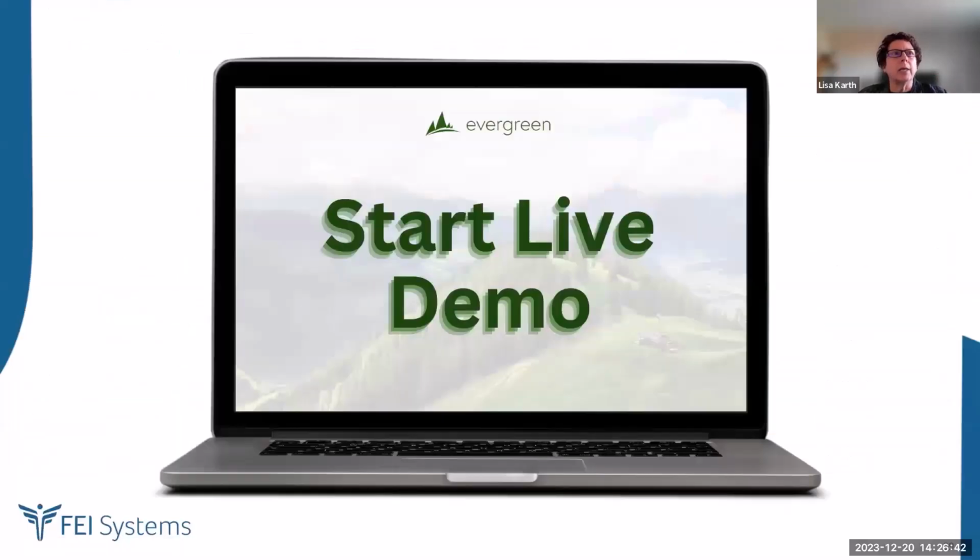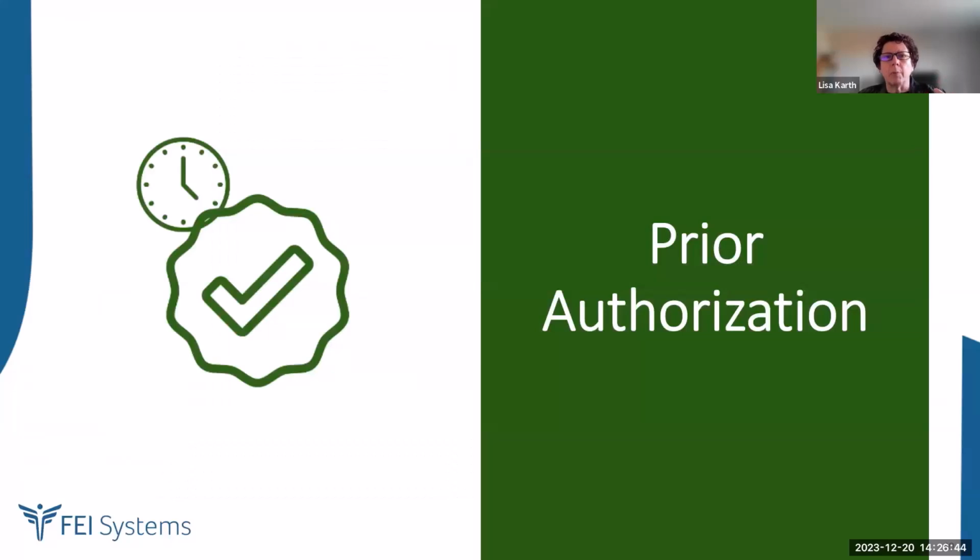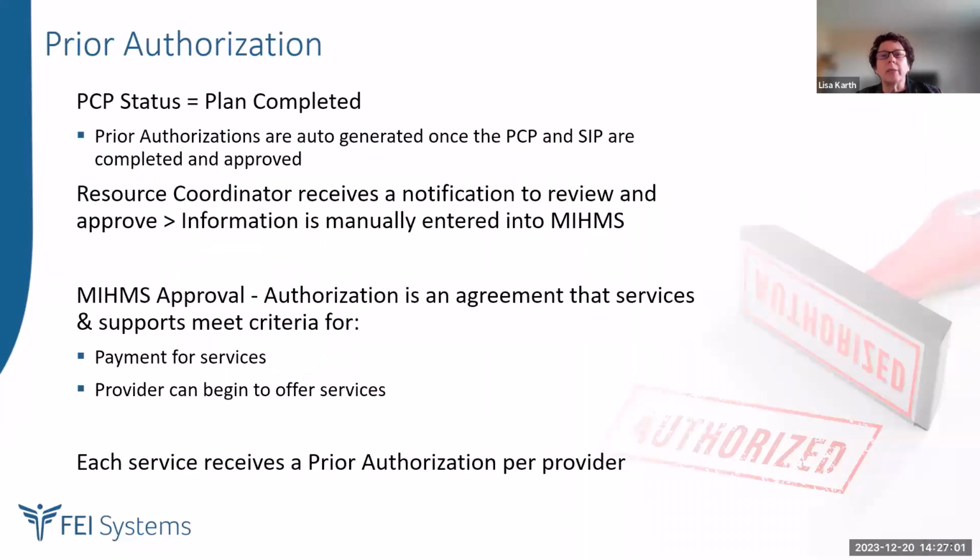And I'm going to click because I want to go back to my PowerPoint here. And we are now going to talk about the prior authorizations. I mentioned these earlier. You are going to love these in Evergreen. It's going to make your approval process so easy. So with the prior authorization, this review process ensures that the services and supports meet the criteria for payment. And again, just how we got here, the PCP was started.